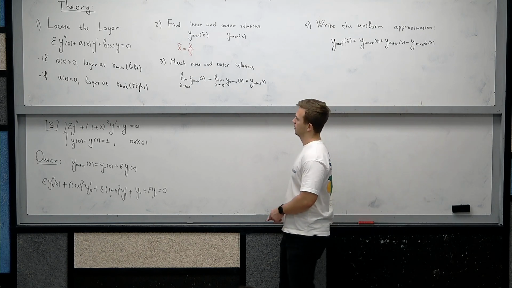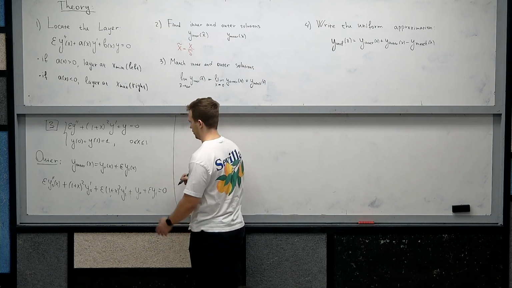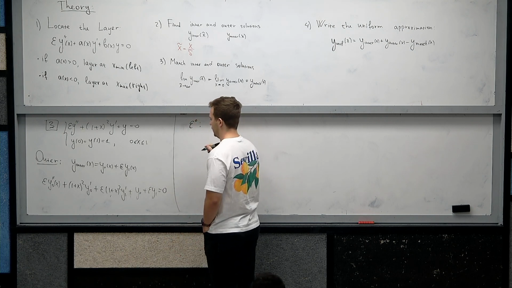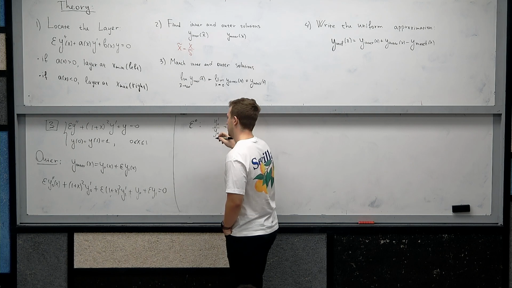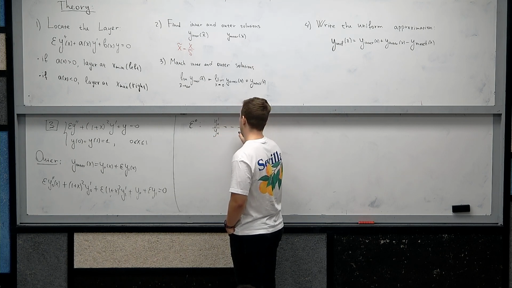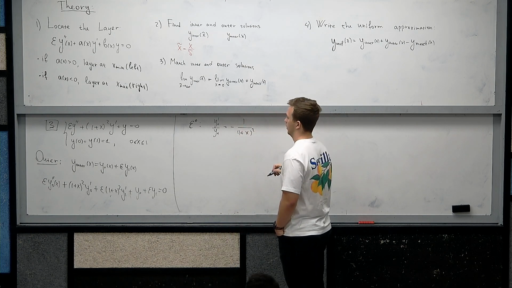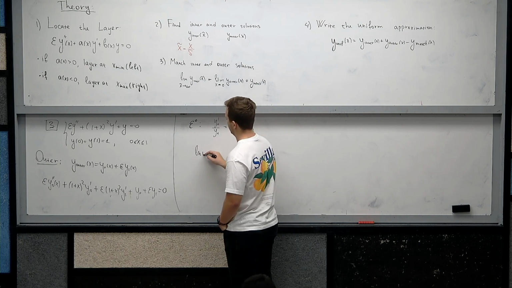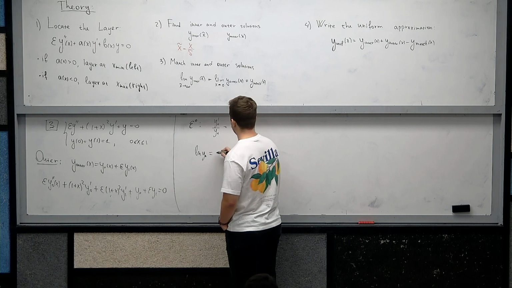Okay, now let's solve for the leading order as we did before. So for the leading order we have y naught prime over y naught is minus 1 over 1 plus x squared. Right, then ln of y naught is minus this integral.